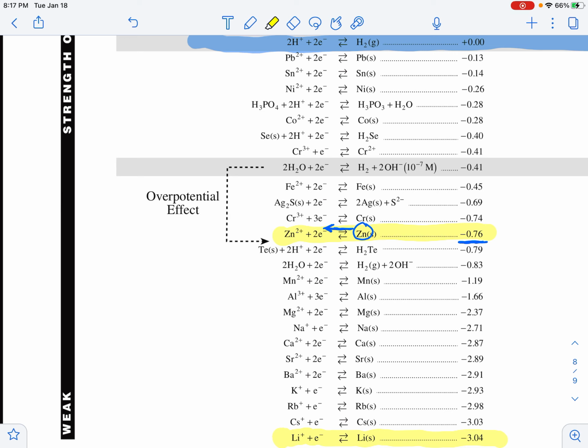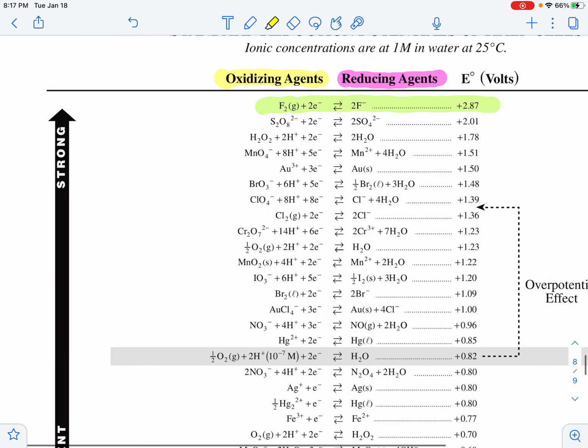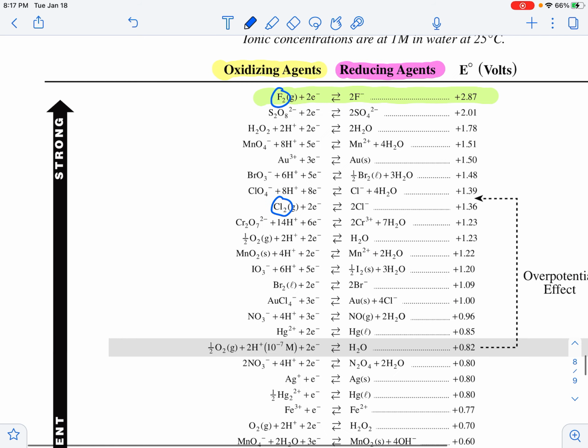So if you're looking for elemental metals, you're probably looking on the bottom right hand side. On the other side of that coin, if you're looking for elemental nonmetals, you're probably looking up here on the top left hand side. And so you'll see there's F2, there's chlorine, there's bromine.